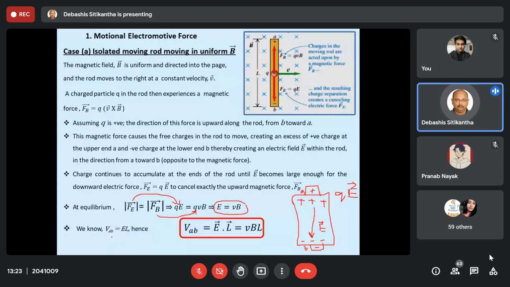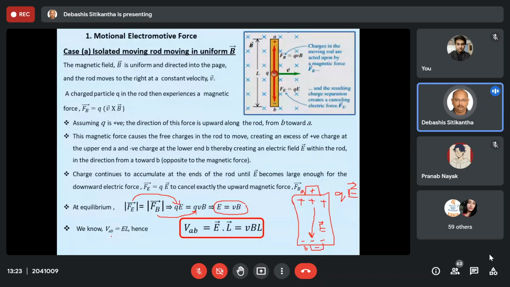So ultimately we came to know that the potential difference that is going to be created across this conductor when it is moving inside a uniform magnetic field at a constant velocity v is equal to the electric field that is developed inside the conductor because of the separation of the positive and negative charges multiplied with the length of the conductor.